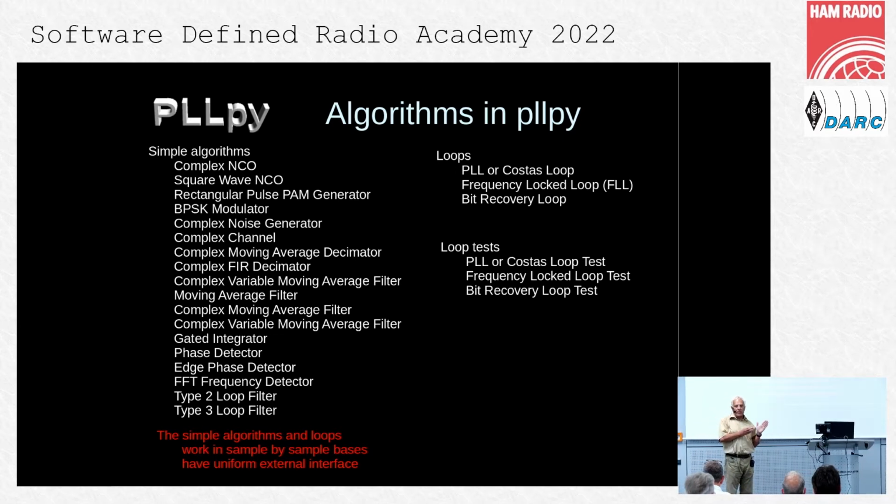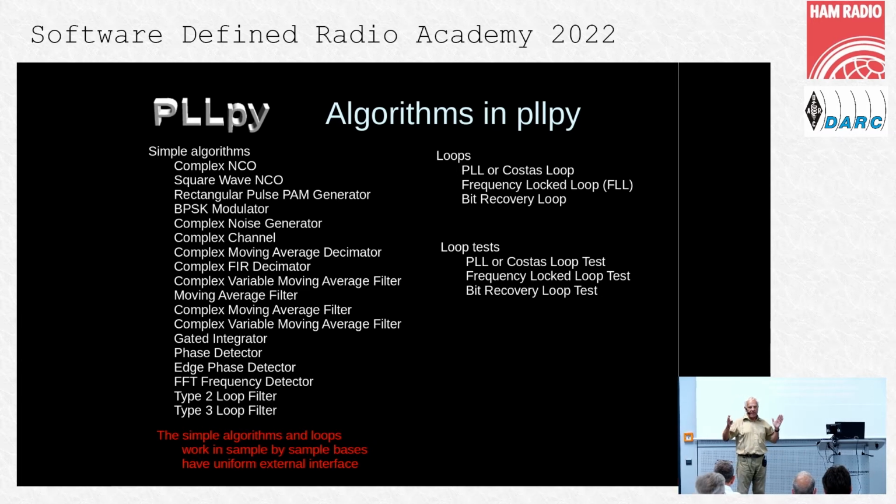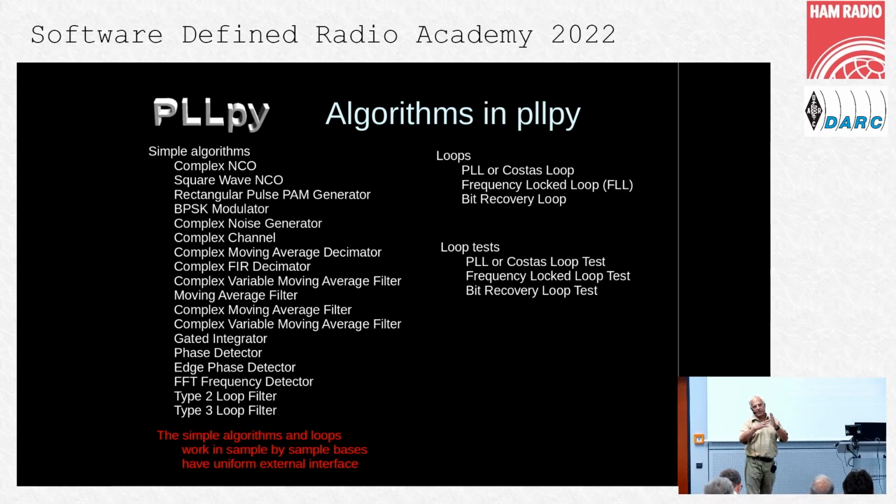I chose this because we have to keep the implementation-dependent delays in the loop to a minimum. That's why there are some tricks for those algorithms which have different numbers of input and output samples, for example, a decimator.